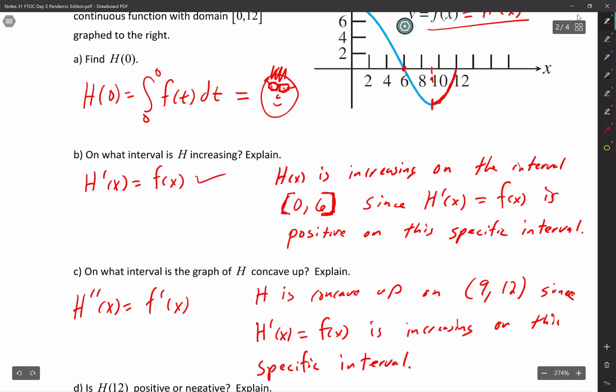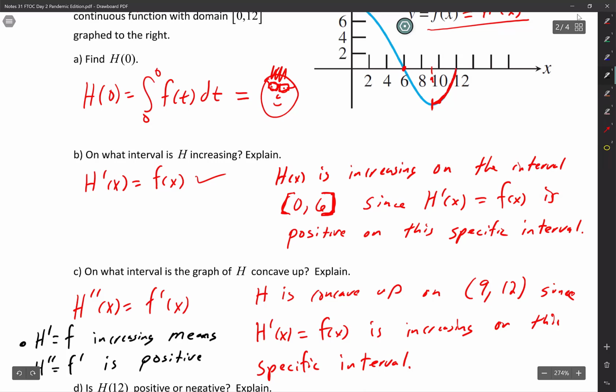There it is, guys. And this is just for notes. I'm going to put it in black. Bullet: H prime, which equals F, increasing means H prime prime, which equals F prime, is positive. You're not going to write this on the exam. This is just a definition for you guys.